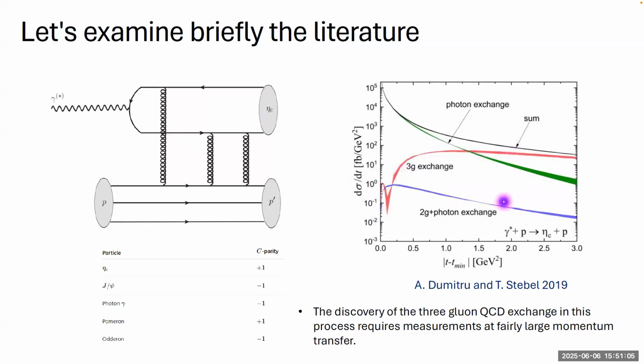Approximately when you have T around 1.5 GeV, you may discover the Odderon if you measure this quantity. And another one that fulfills this statement about the C parity is if you have 2 gluon exchanges plus 1 photon. But you can see here that this contribution is very, very small.